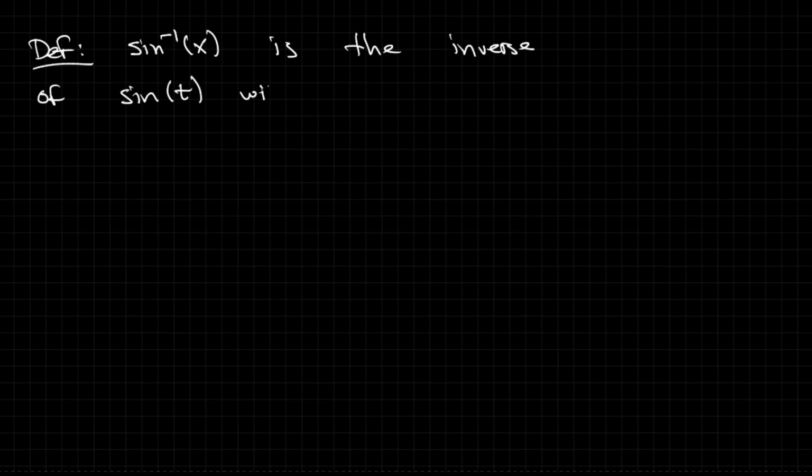Let's write the conclusion of this discussion, which is a definition. So we define the inverse of sine, which we'll write with the independent variable x. So sine inverse of x is the inverse of sine of t with domain minus pi over 2, comma, pi over 2.